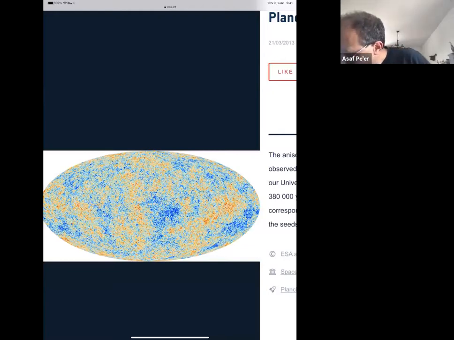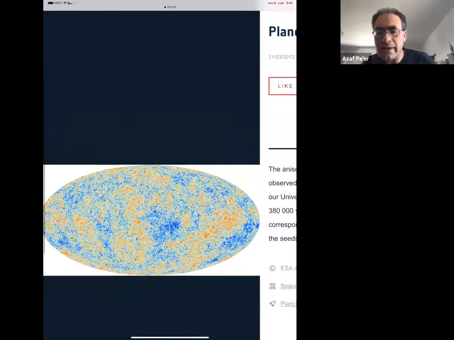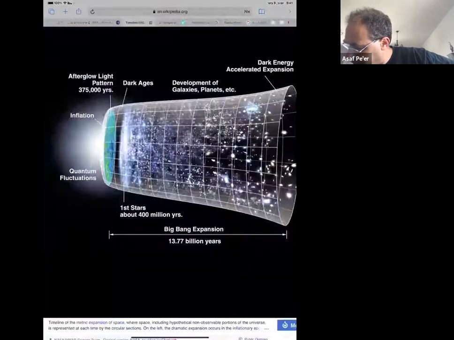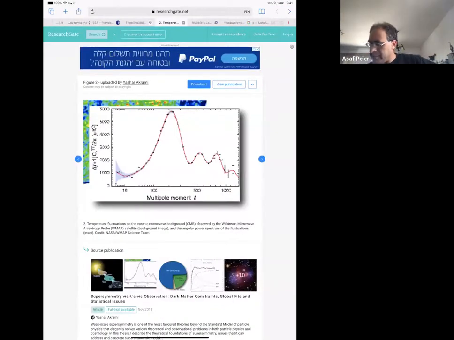Rather, when you analyze them using spherical harmonics, the Y_lm, which I hope that you've learned, then you end up with something like this. There are multipole moments, and these are the C_l on the y-axis. And as you're seeing, they have a very well-defined pattern.